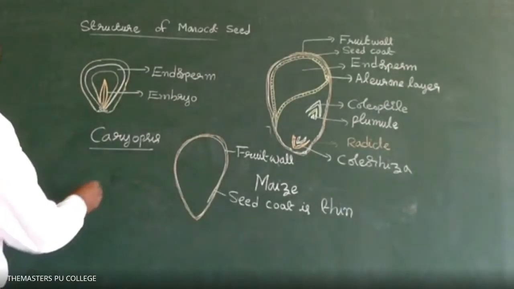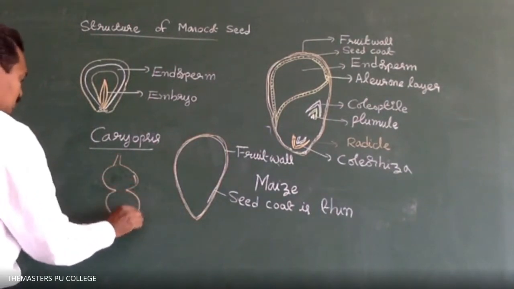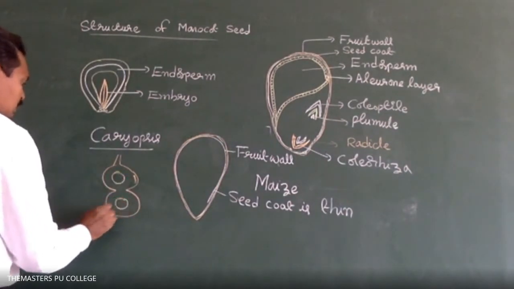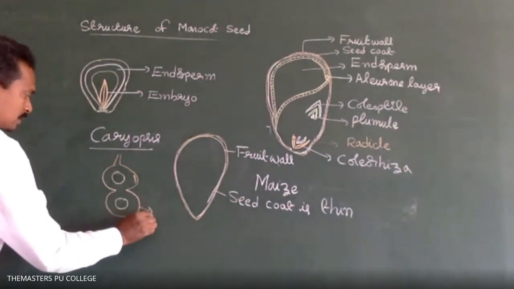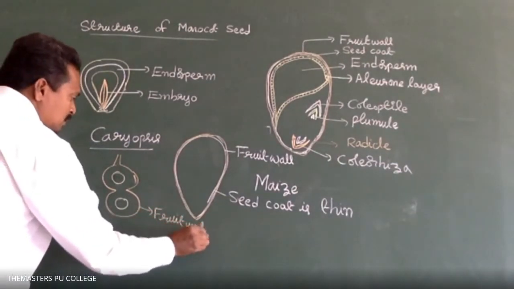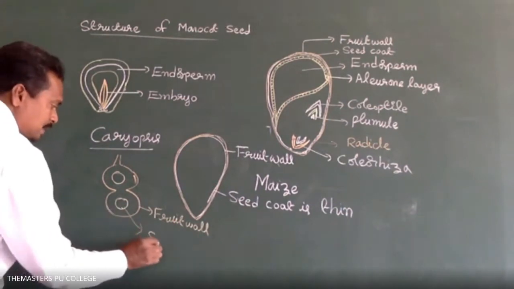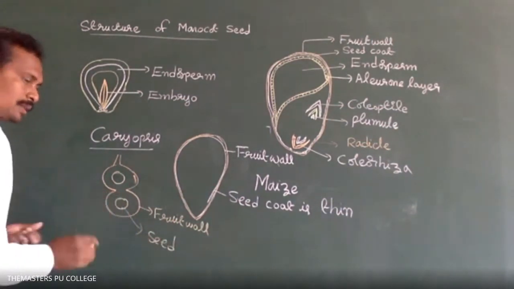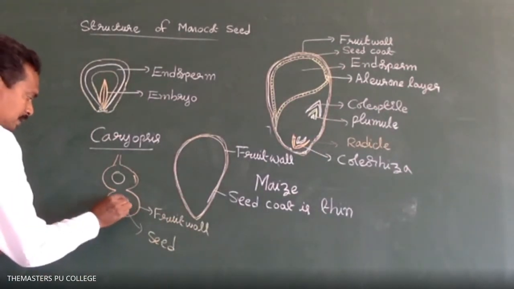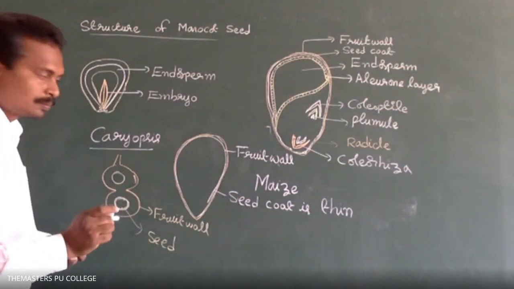In some plants, for example the groundnut fruit, this is the fruit wall, and this is the seed. The seed coat, the outermost layer of the seed, is not fused with the fruit wall.